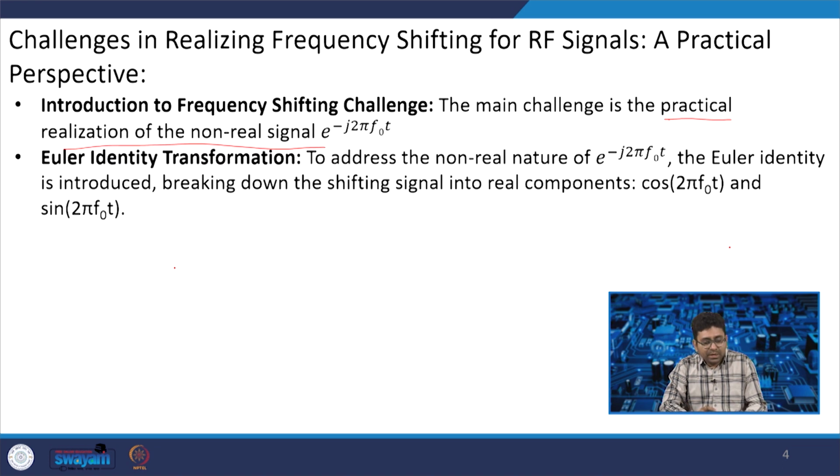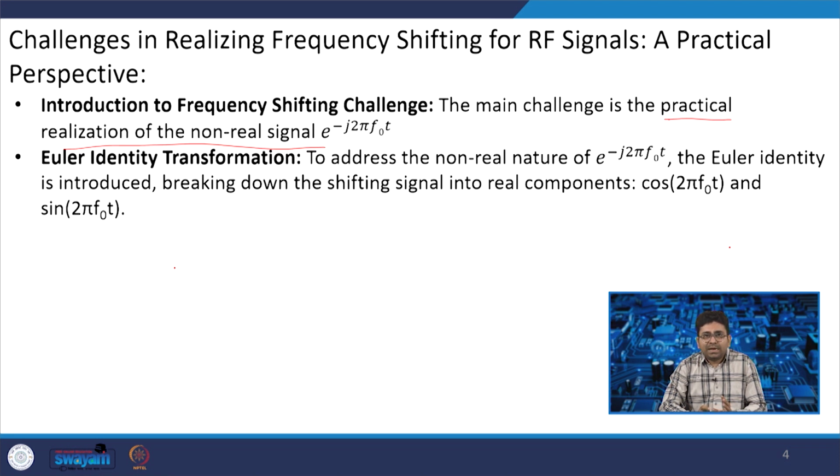Now, we can use the Euler identity transform, that is, a combination of cos and sin, to address the non-real nature of e raised to minus j 2 pi f naught t.